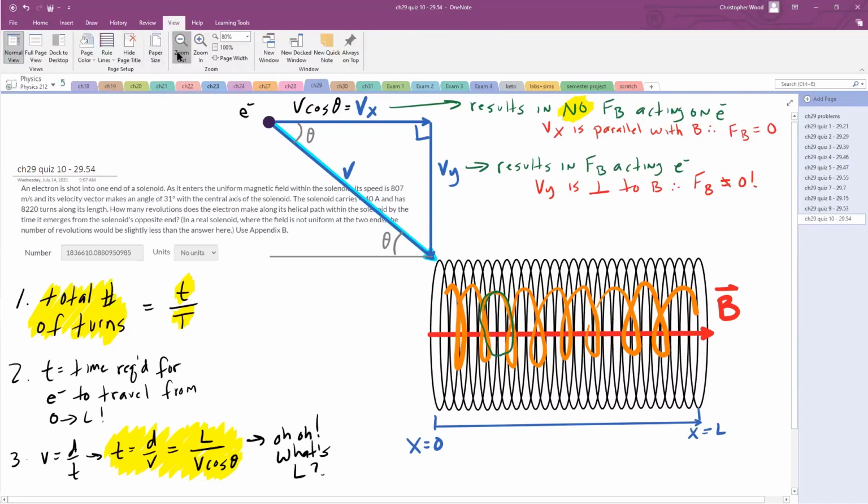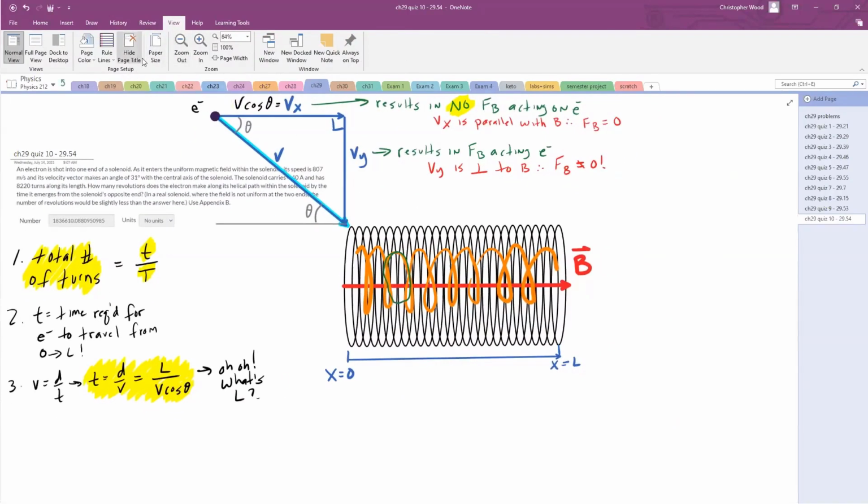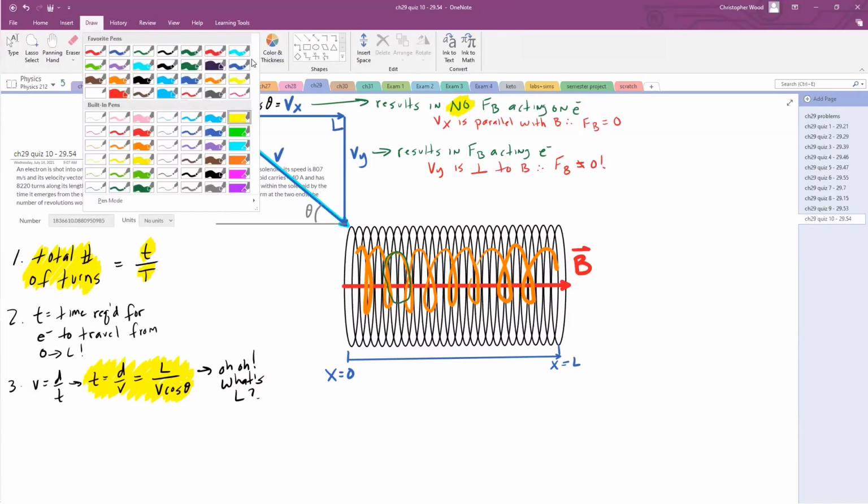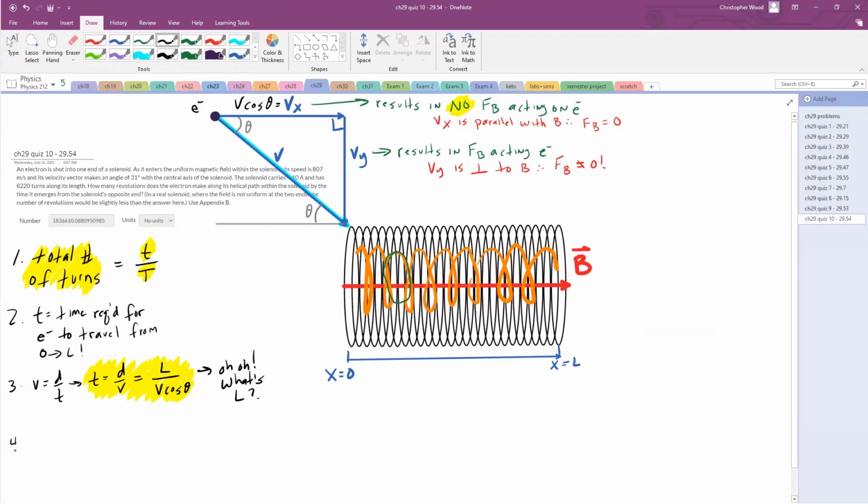All right, so let's talk about big T. I'll start with the same old centripetal motion, uniform circular motion. Since Vy is perpendicular to B, the electron experiences a centripetal force.